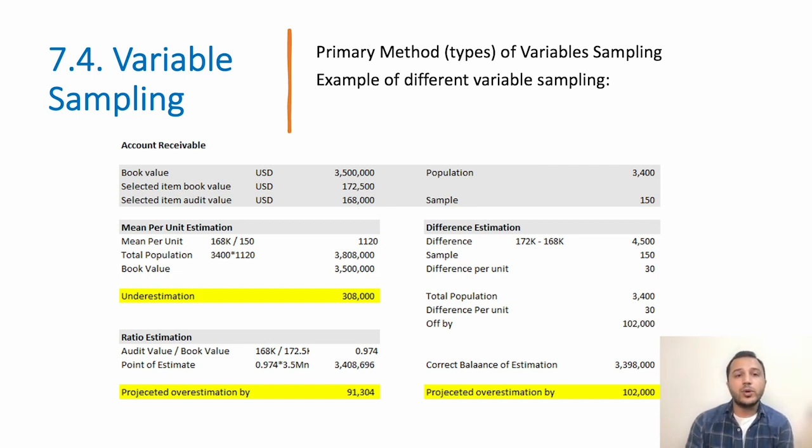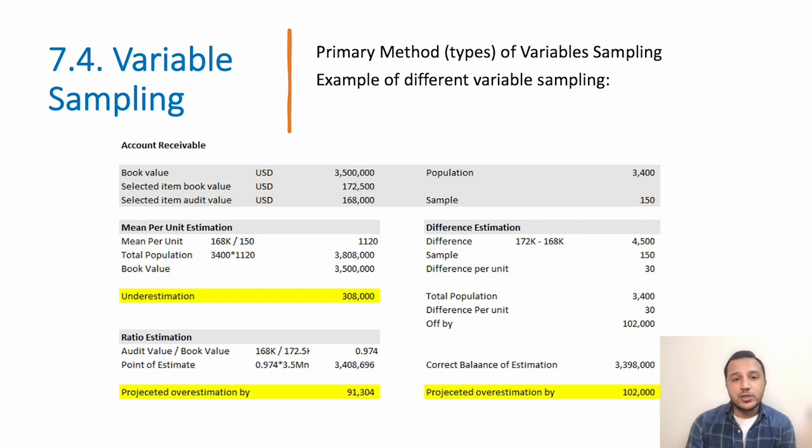How? Because when we apply that amount to the overall population, the book value of the overall customers should be 3.8 million. However, it is only provided for 3.5 million, which means it is being underestimated by 308. So through this calculation, in the given situation, we came to know that the overall value is being underestimated.